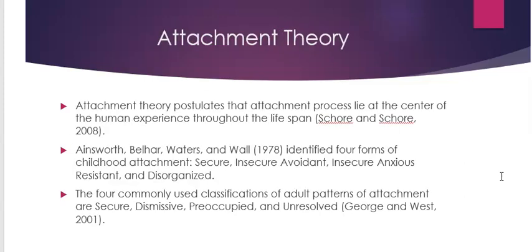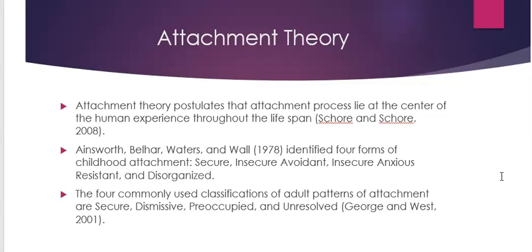Attachment theory is another theory, and it says that the attachment process lies at the center of the human experience throughout the lifespan. 4 forms of childhood attachment include secure, insecure avoidant, insecure anxious resistant, and disorganized.